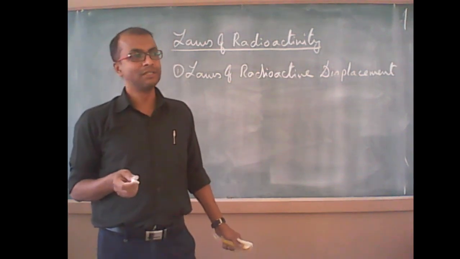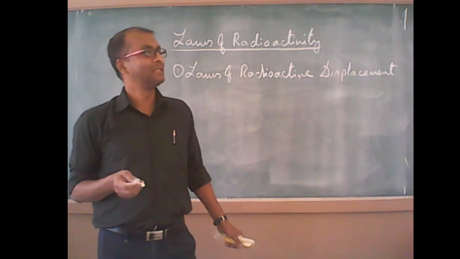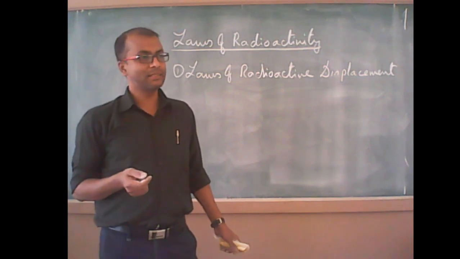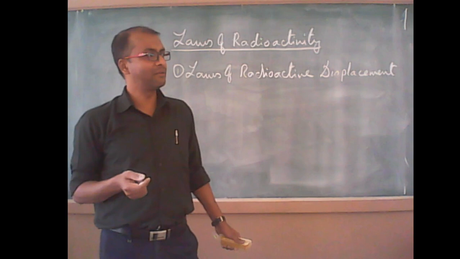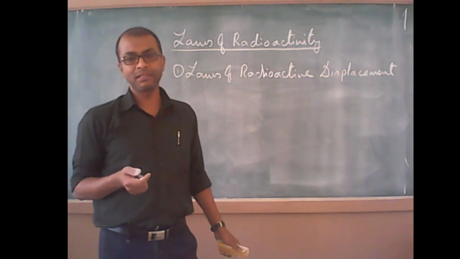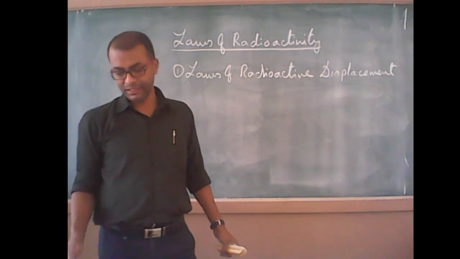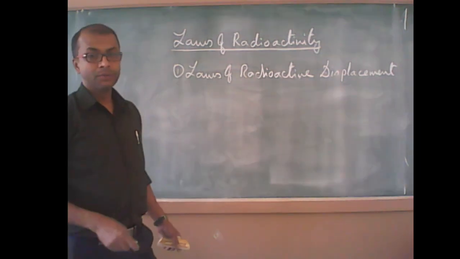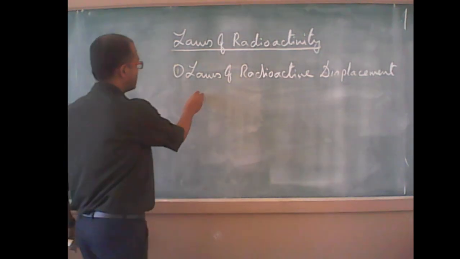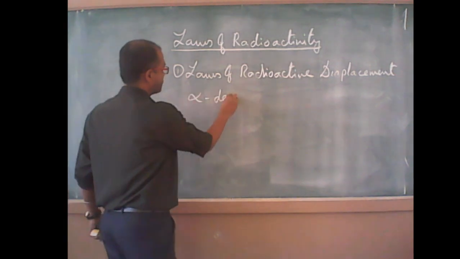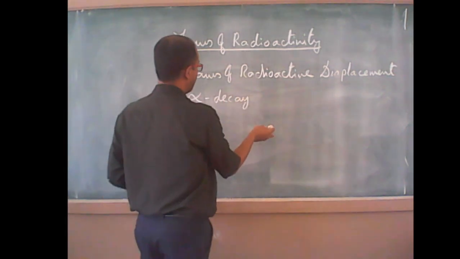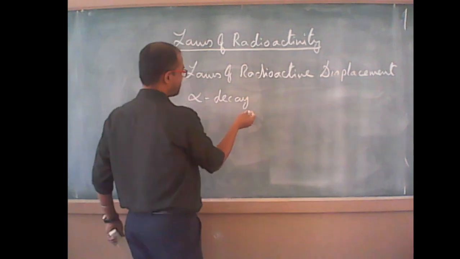Why? Because its atomic number or mass number changes in the process of radioactivity. So first, let us consider the alpha decay process, or alpha emission process, from a nucleus.